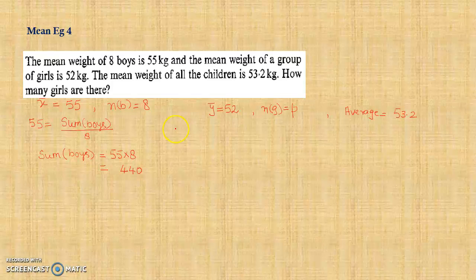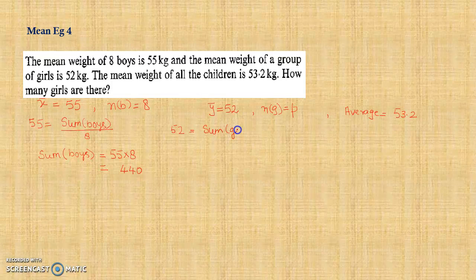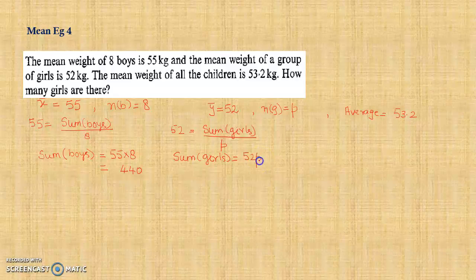Similarly, from here, I can say 52 is equal to the sum of the weight of all the girls divided by P. So which means sum of the weight of all the girls will equal 52P.